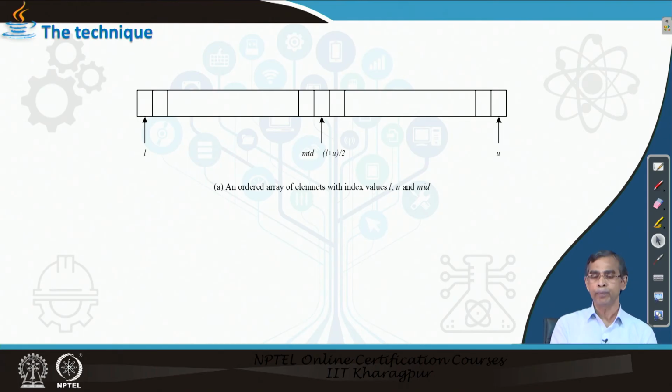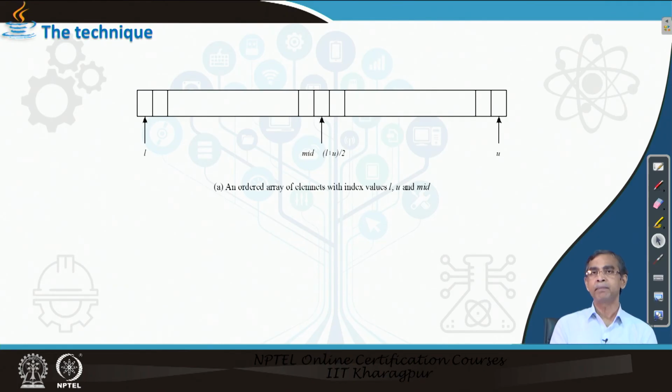Then what should we do? We can repeat the same procedure, but not on the same array, rather on one half of the array. Now, which half, you have to decide based on whether the target element is less than the element at the middle or greater than it.